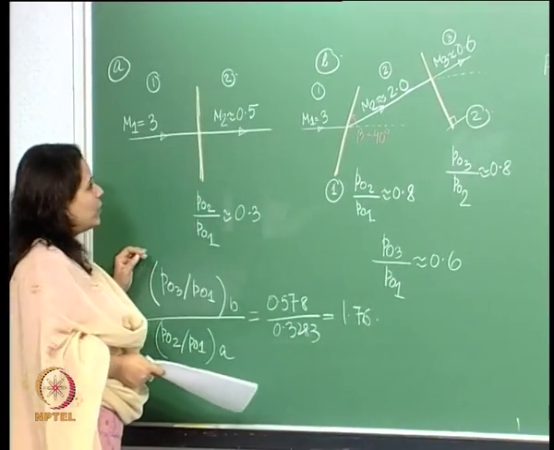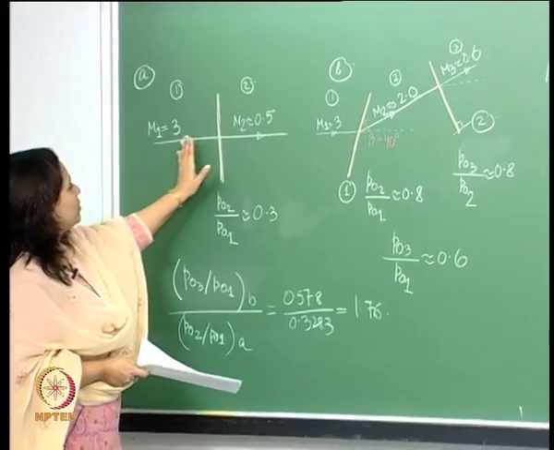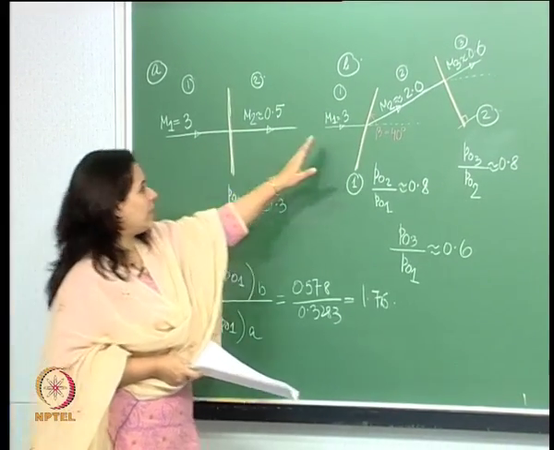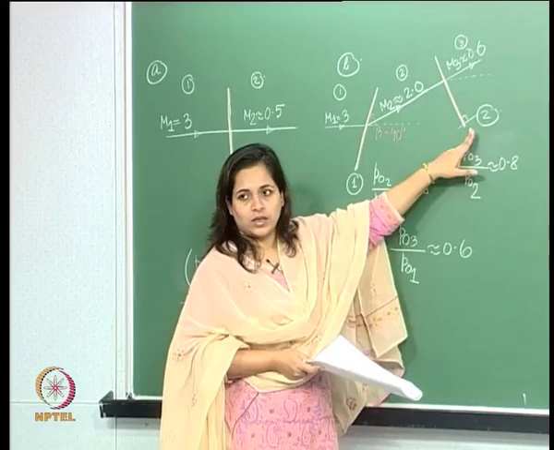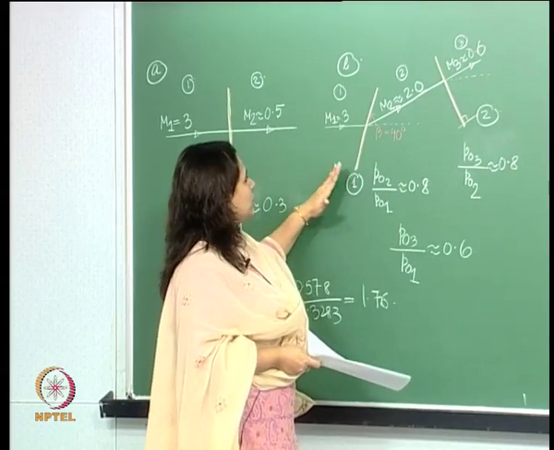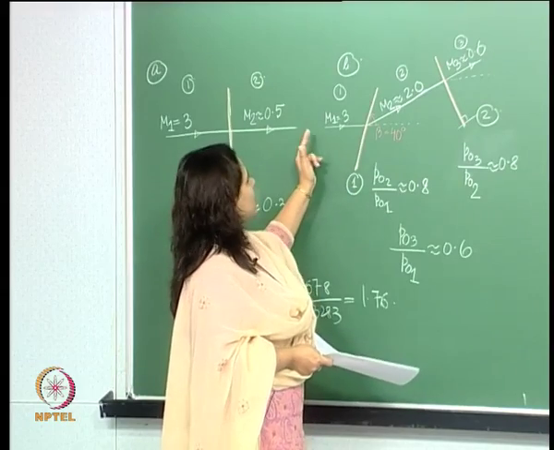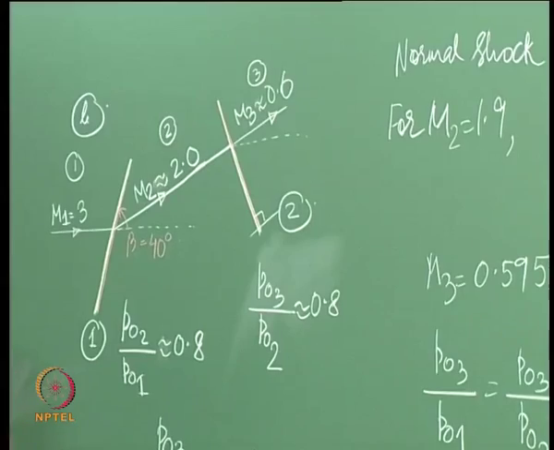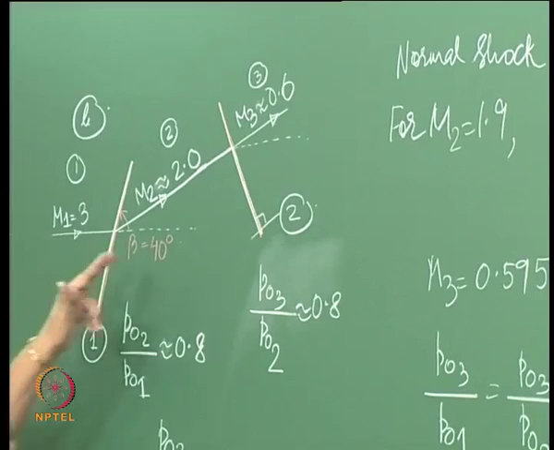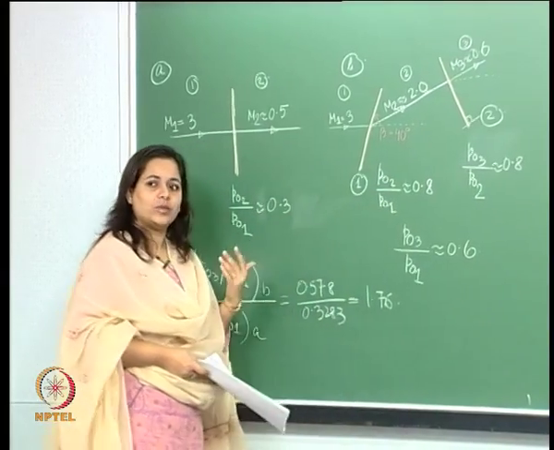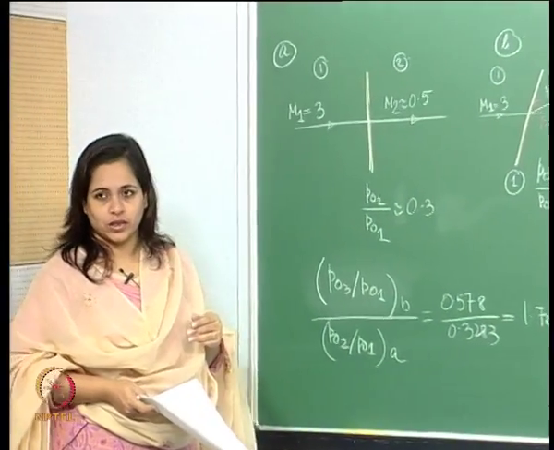So this is going to have a higher pressure decrease compared to this normal shock. So what this oblique shock actually does is slow down the speed of the incoming Mach number into this normal shock.